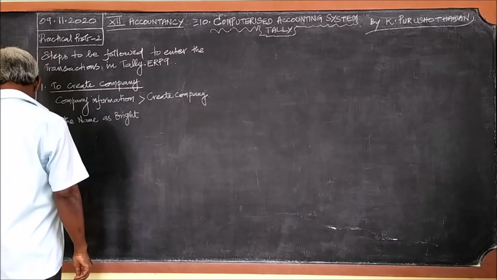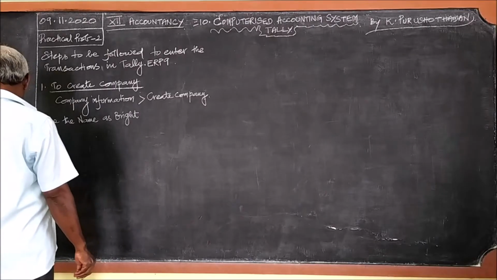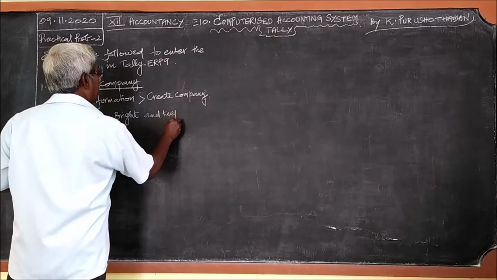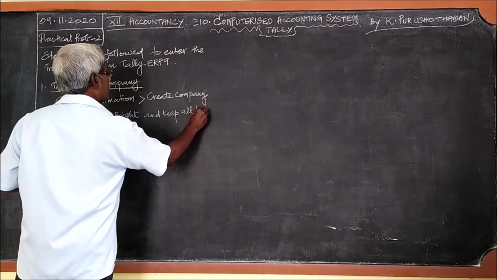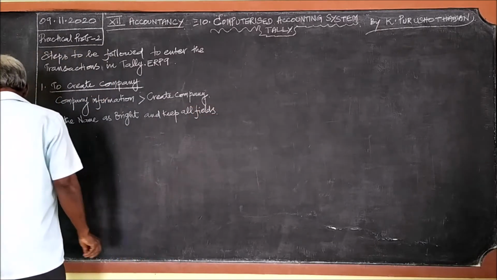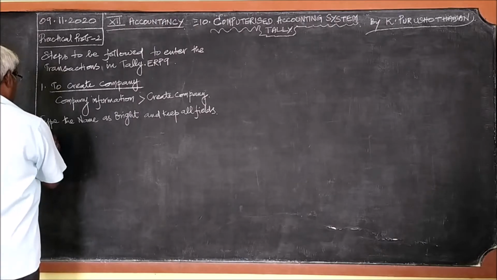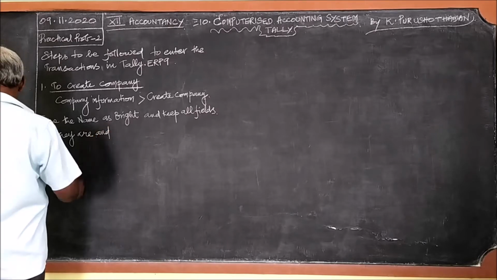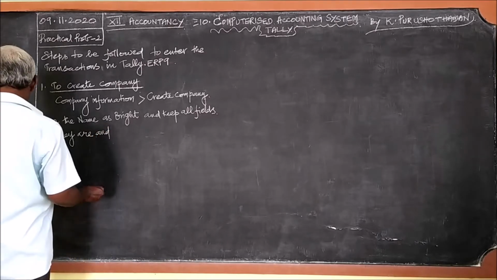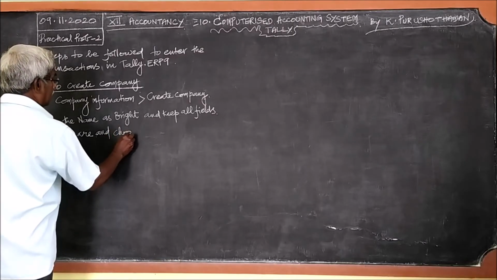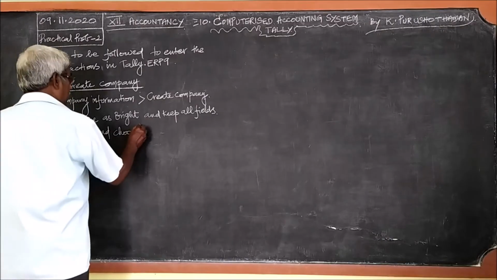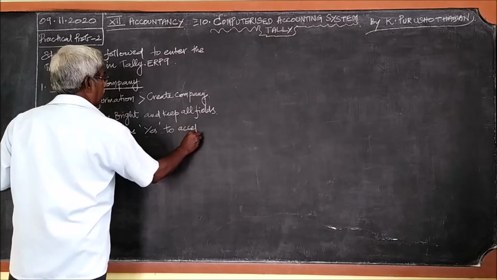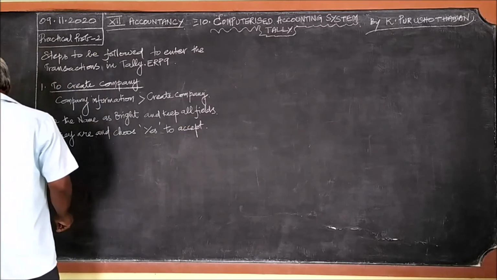Name as Bright, and keep all other fields as they are, and choose yes to accept. This is the first step.